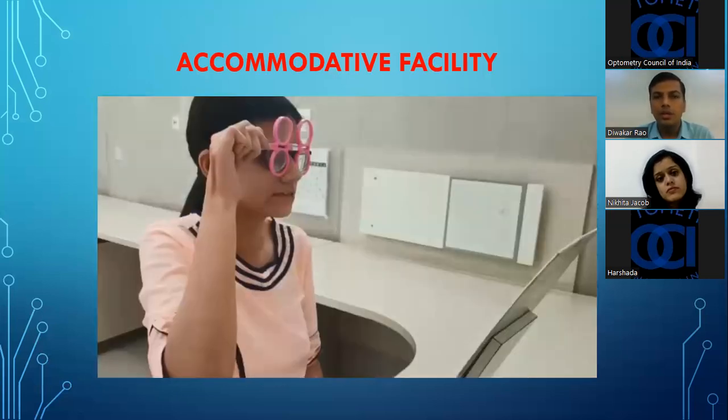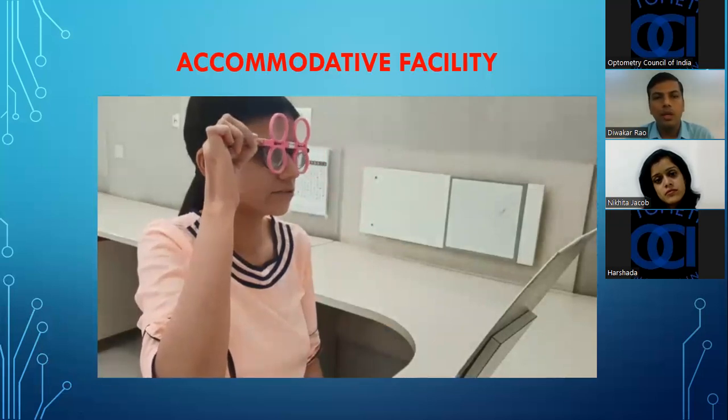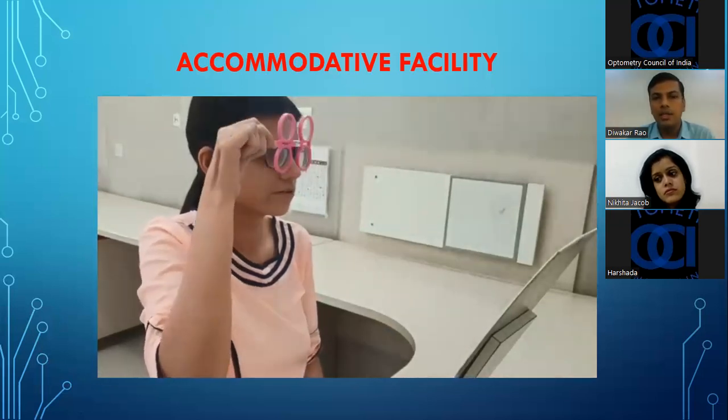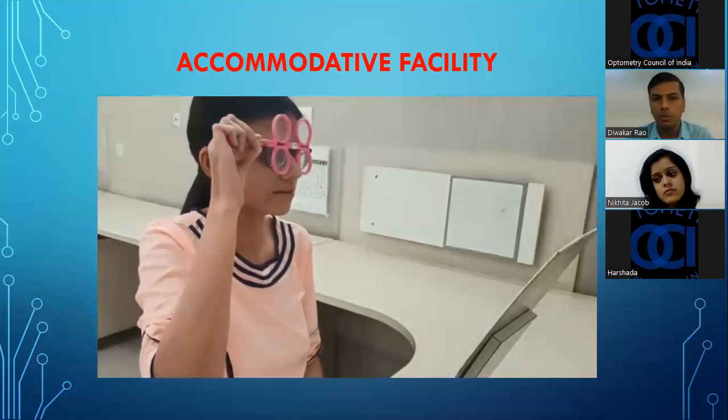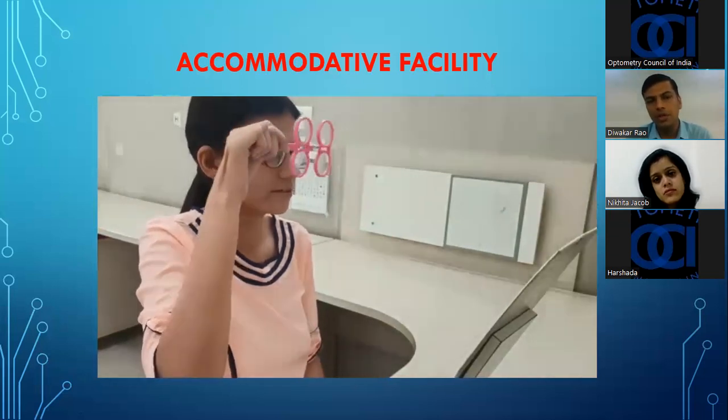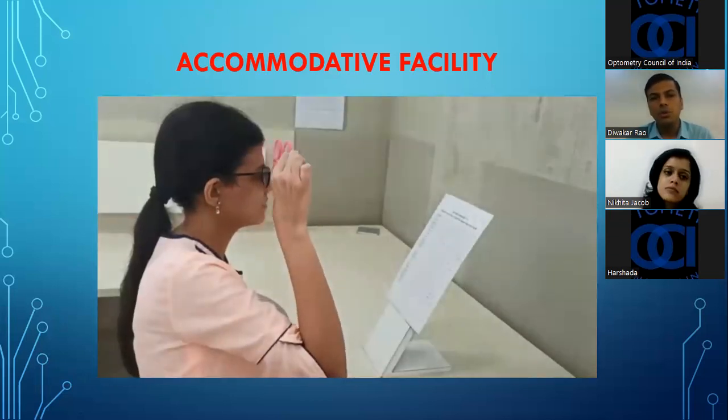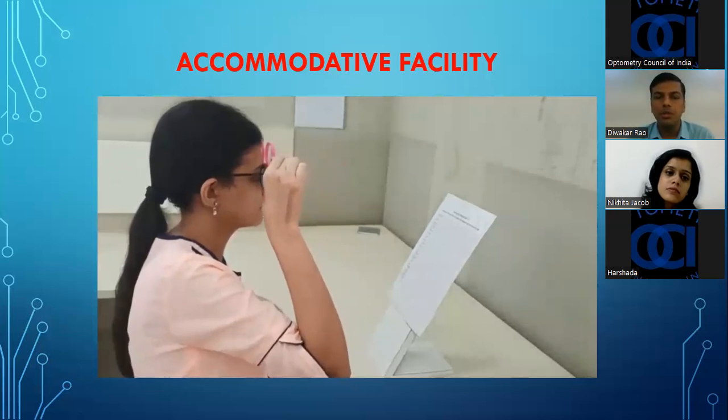They can read each word one by one, and plus lenses will relax and minus lenses will stimulate accommodation. So this is accommodative facility, which can also be used for therapeutic purposes. You start with the lower dioptric bar and then go to the higher ones. It's available in 0.5, 0.75, 1 diopter, 1.25 and so on. You can go up to 2 diopters.